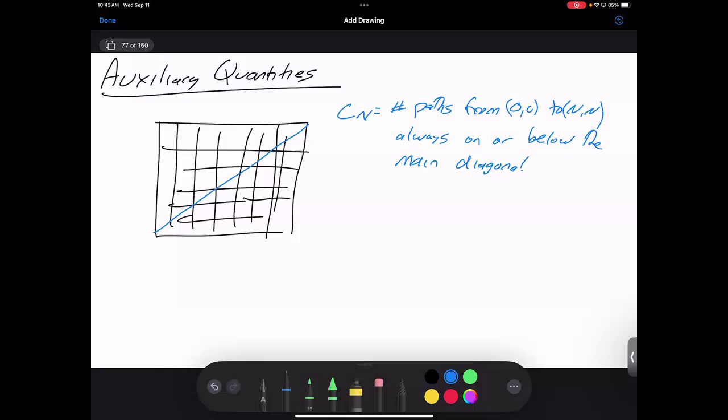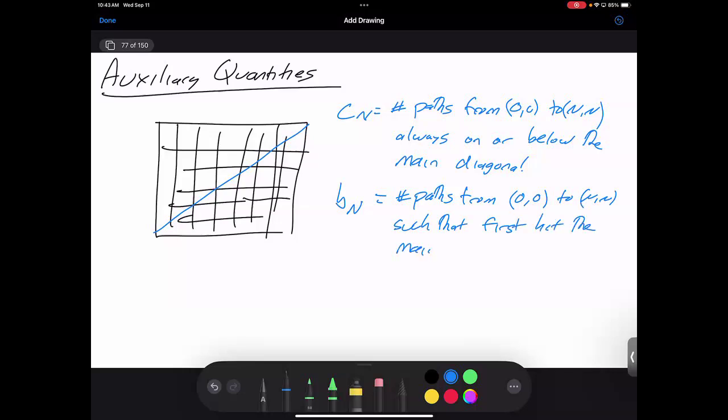Now I'm going to introduce an auxiliary quantity. Bn is going to be the number of paths from (0,0) to (n,n) such that you first hit the main diagonal at (n,n) and are below it the rest of the time.